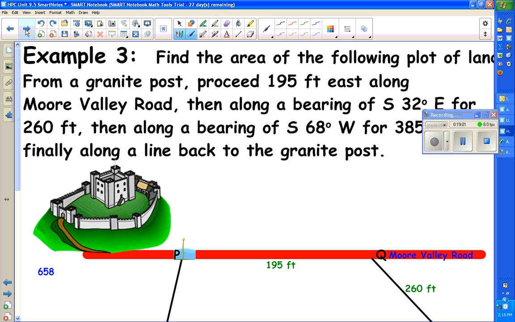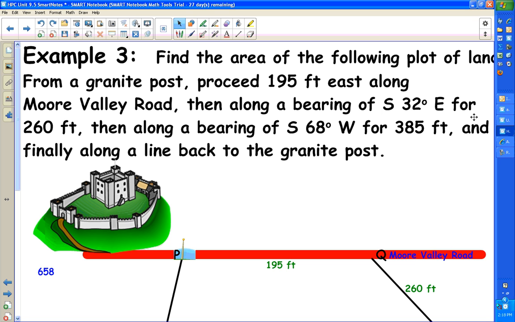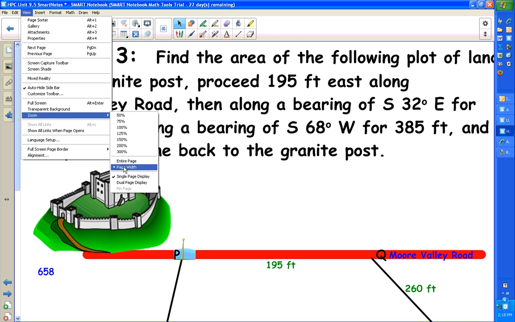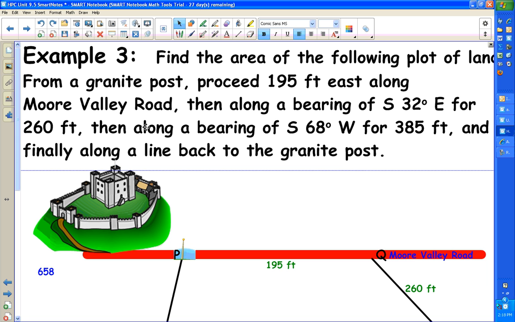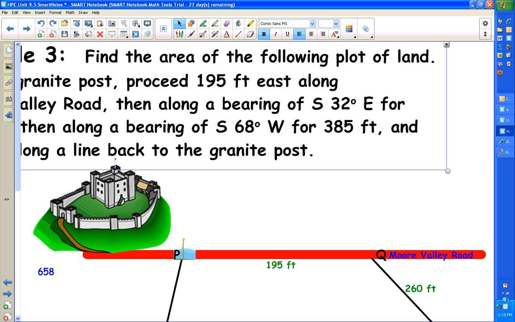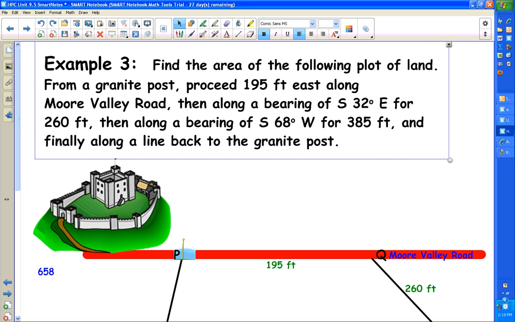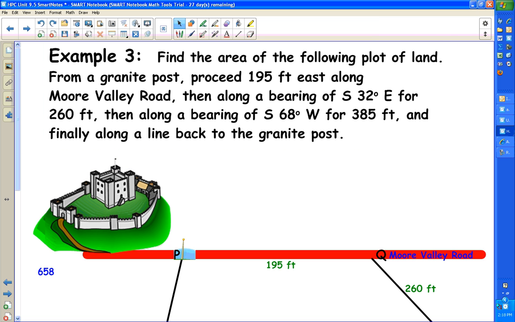So this is where you get a little bit more complicated. This is the area of a plot of land.